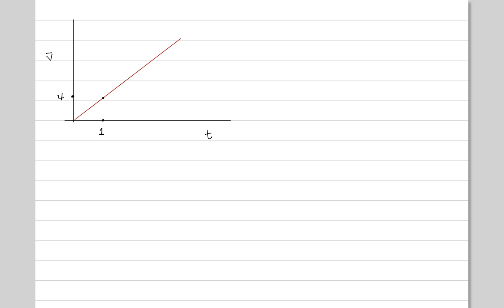And we're accelerating, so the speed will be going up. So as time goes on to the right, your velocity is rising. Velocity is going up. Okay, and at 2 you can mark 8. And at 3 you can mark 12.